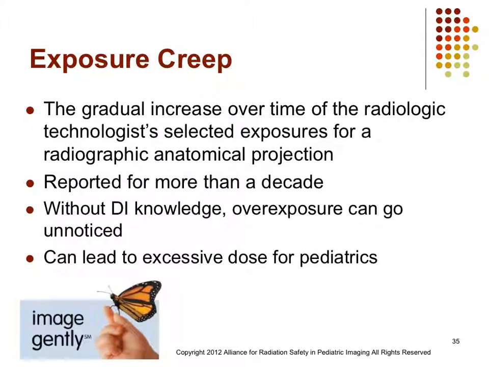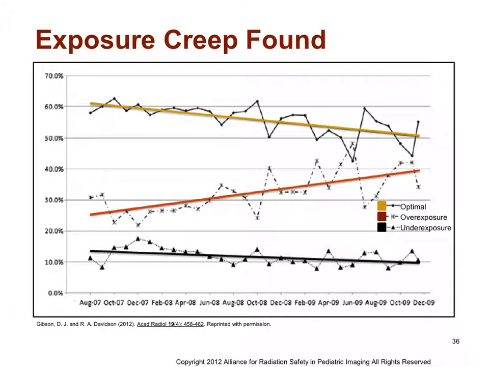So in this study by Gibson and Davidson, really nice article, I encourage you to certainly read through that when you get a chance. They studied exposure creep from August of 2007 through December of 2009. And what they noticed in that period, which is a little less than a year and a half, is that their overexposures in their department were increasing.